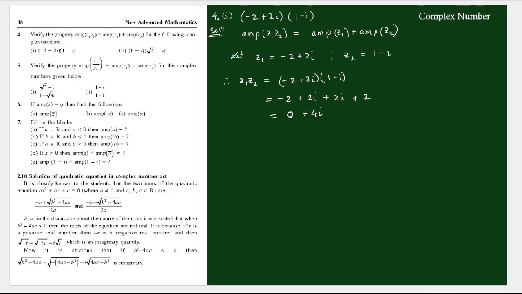The real part is 0 and only the imaginary part is there, so it lies only on the imaginary axis. This is x, this is your y. So it lies on this one. So what was the amplitude or argument? It is 90 degree or pi by 2.